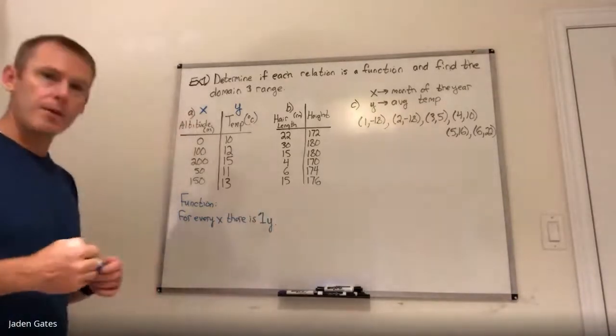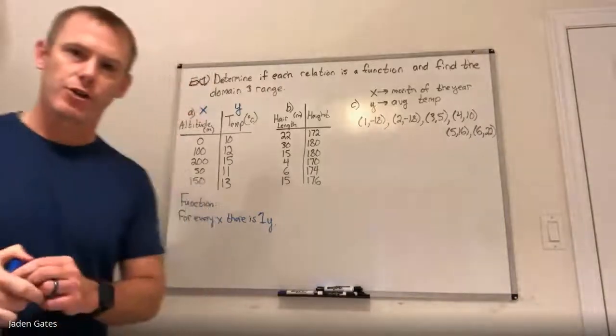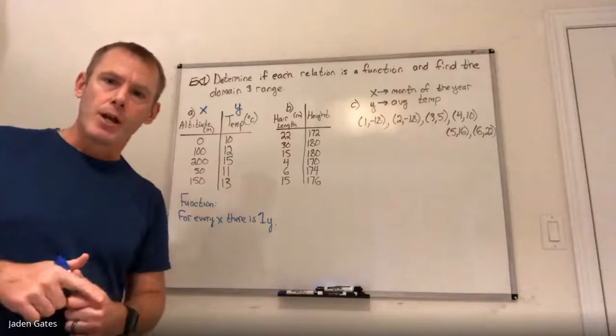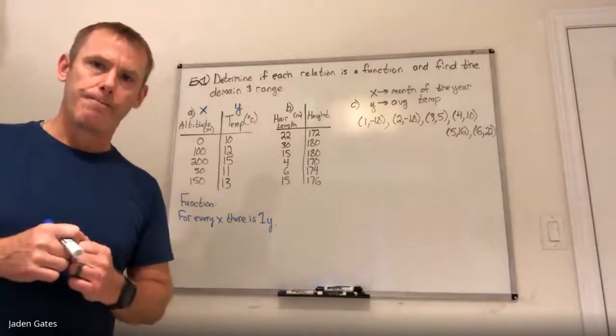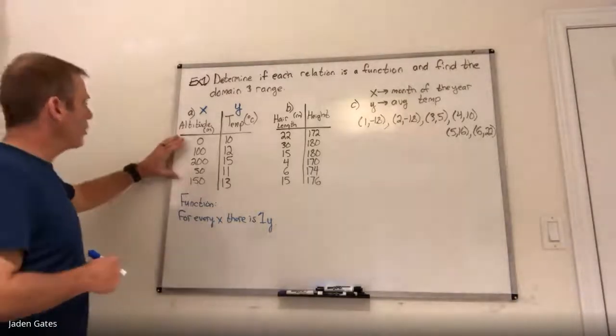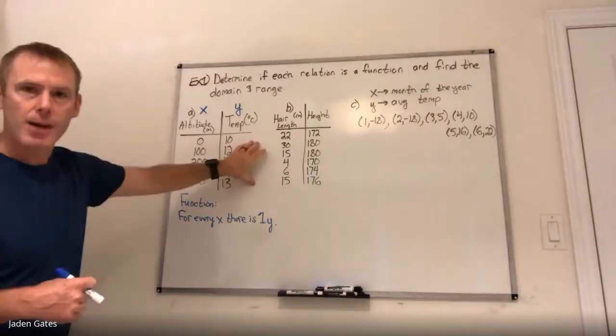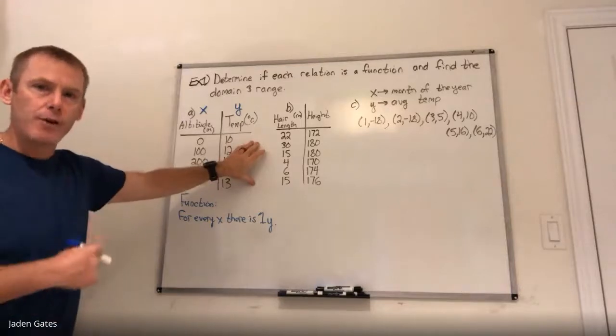All right, that's the reason for why it's a function. Now, here's the key, why we want to know whether a relationship is a function or not. A function is all about predictability, all right? What I want to know in this situation is if I'm at a certain altitude, this is the temperature I'm going to get. That's what makes it a function.